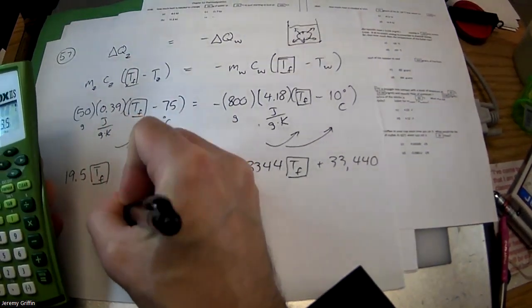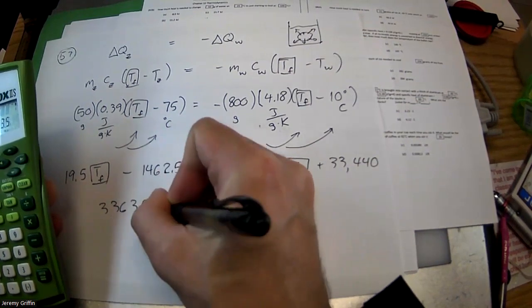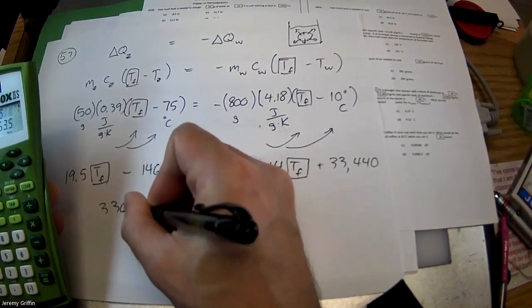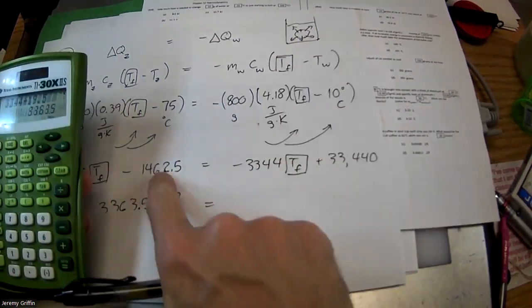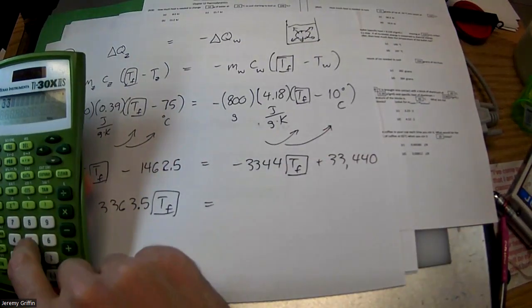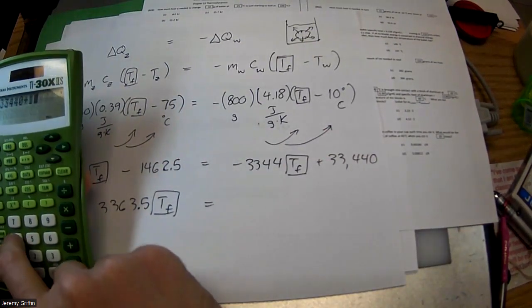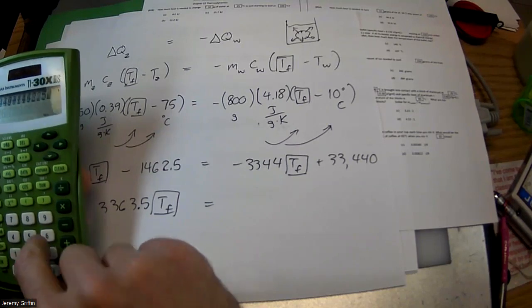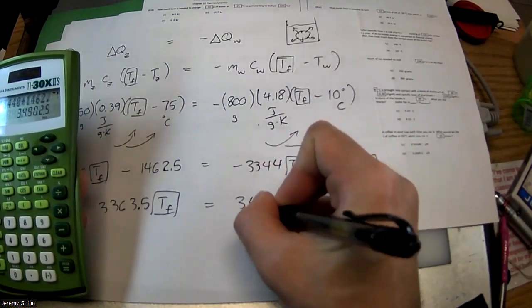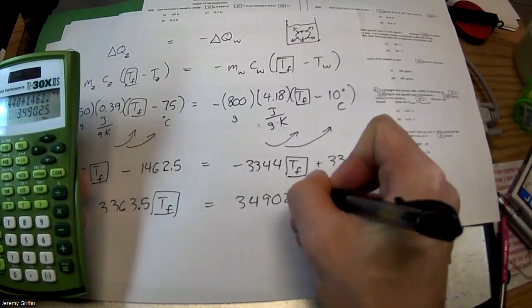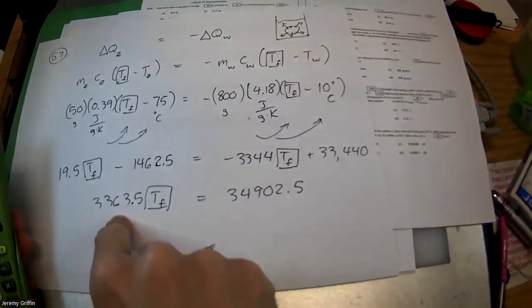So 3363.5 TF, and this is just algebra at this point, is equal to, add this over, and finally divide this coefficient.